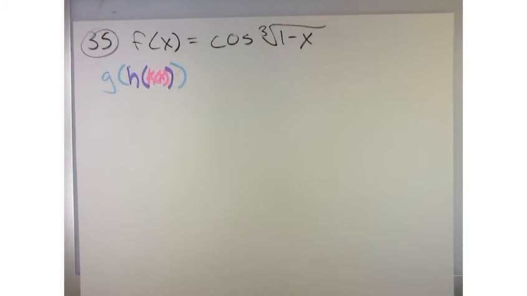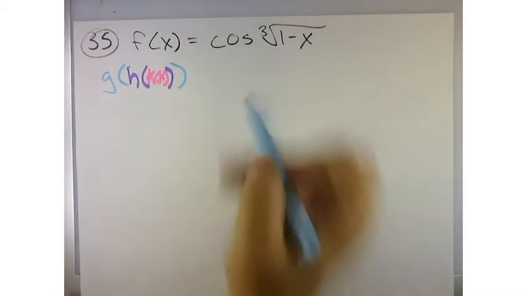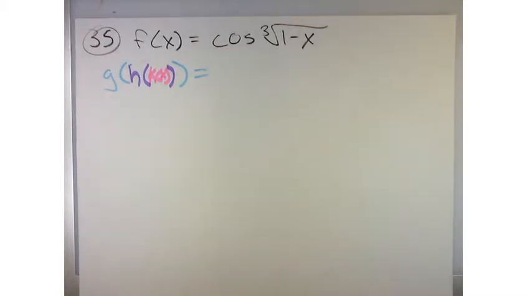So I have g of h of k of x. So my first thing would be, what is the outermost function? There's really three functions listed in here. Cosine of x.